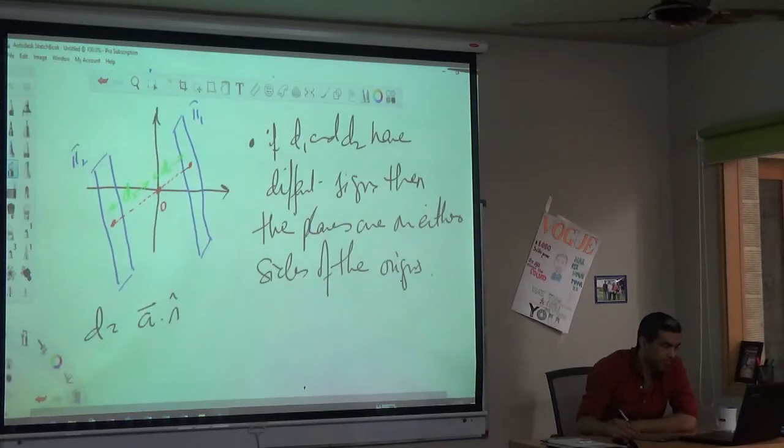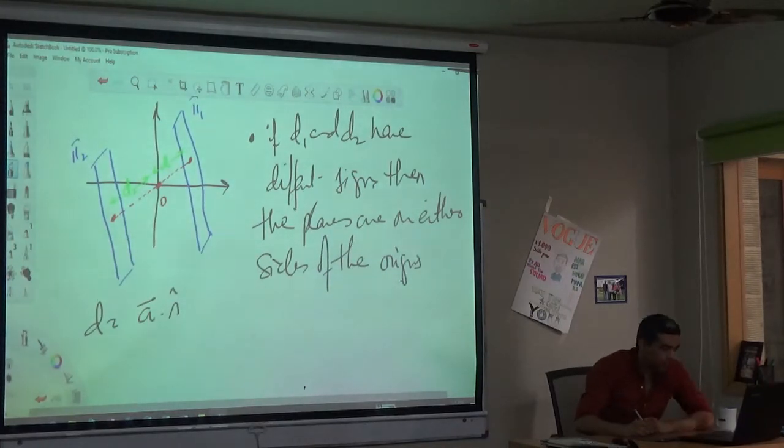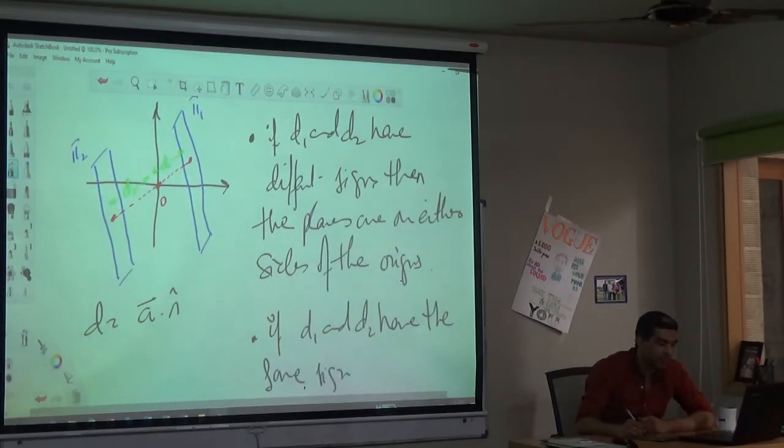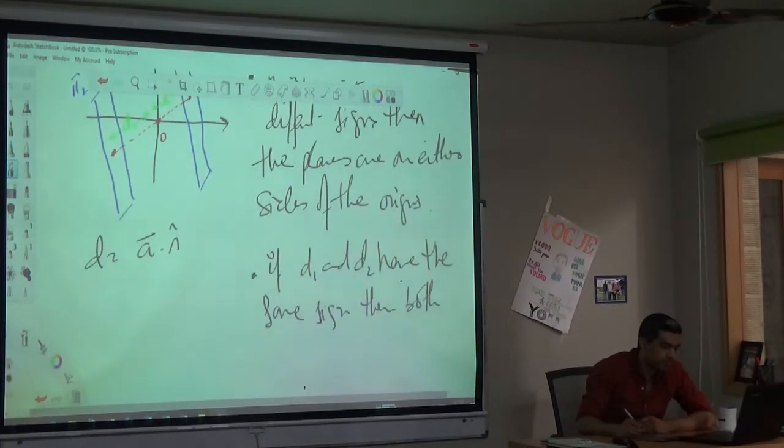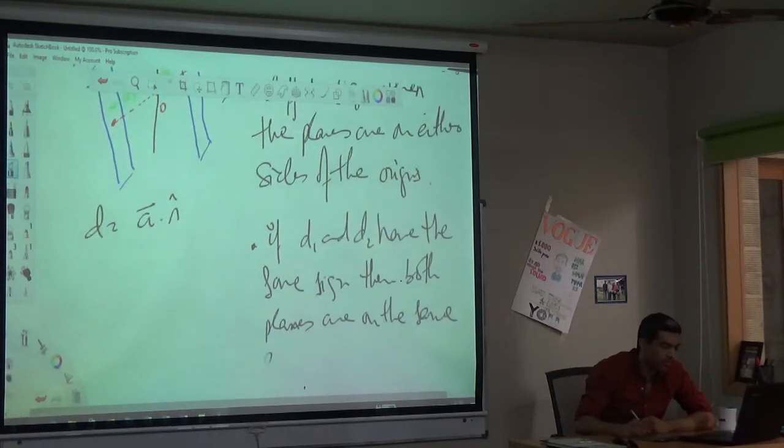So the next one would be: if D1 and D2 have the same sign, then both planes are on the same side of the origin.